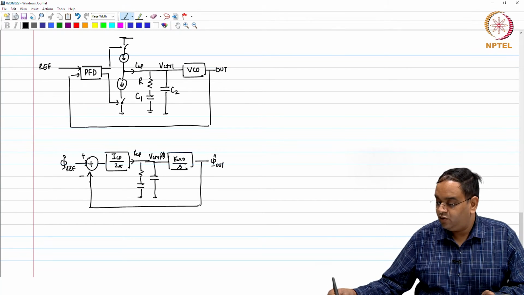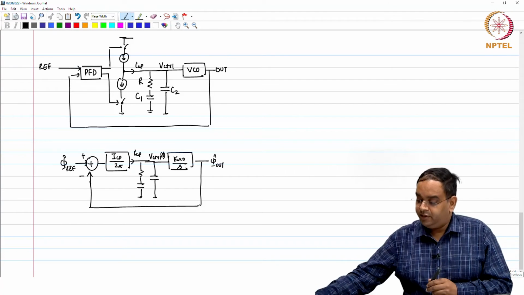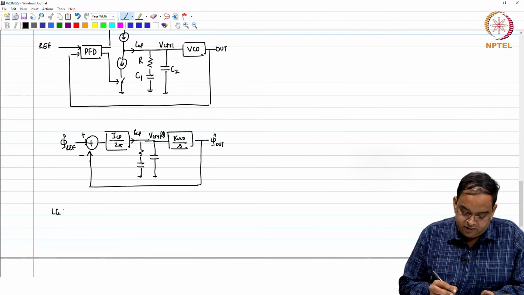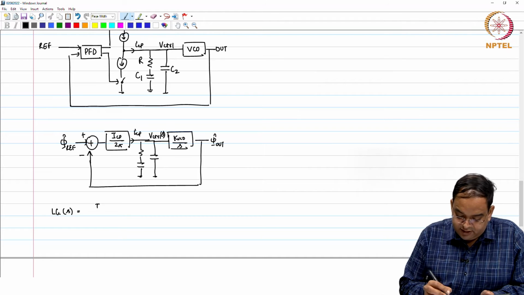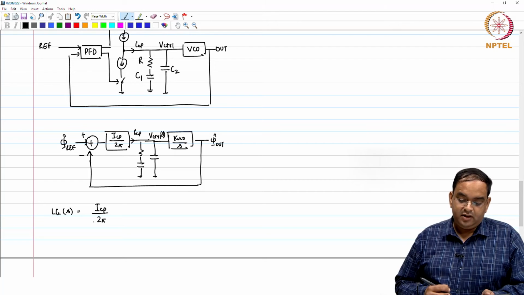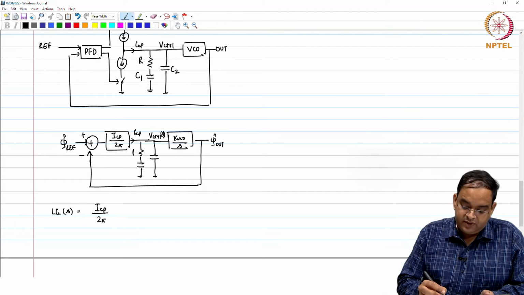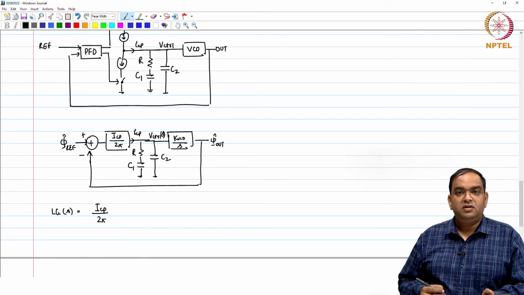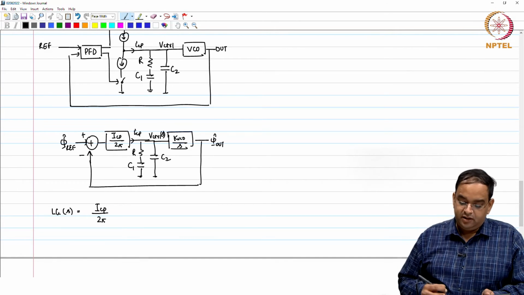Now, the loop gain. The loop gain for this particular PLL is ICP by 2 pi into R plus 1 over sC1 in parallel with 1 over sC2.